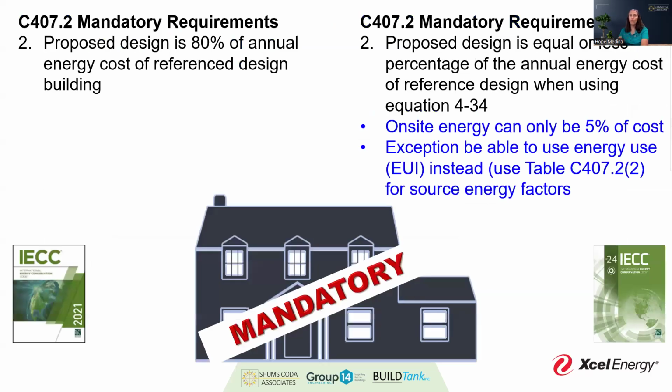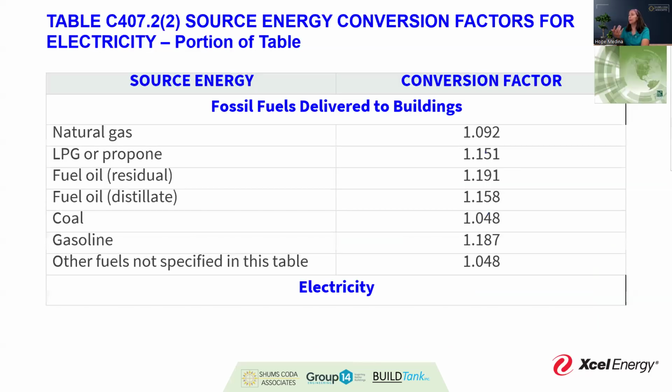So that's where the equation can come in. There are some other things that can come in with all of that. But when they start talking about the table, this is the table that they're referring to in converting for when you want to use that energy use intensity, the source energy, as opposed to the annual energy use.